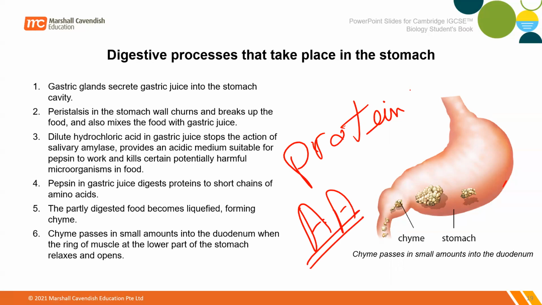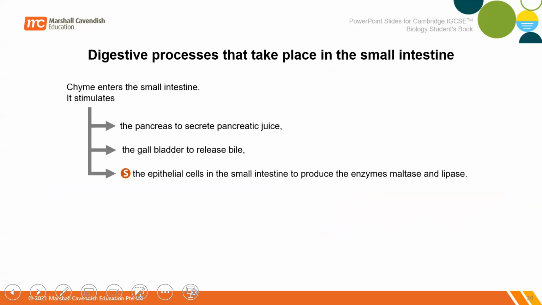This enzyme, pepsin, works best in an acidic environment because we have HCl here. So HCl is the hydrochloric acid that provides an acidic environment for breaking down proteins into amino acids.